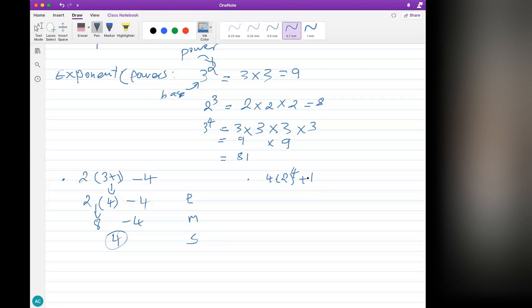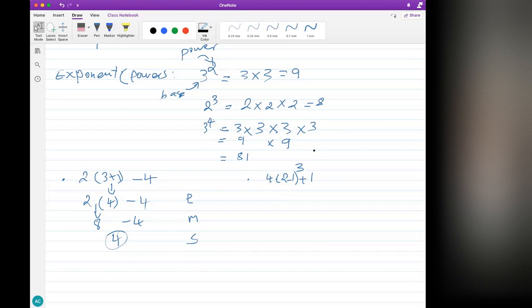So what we do first here? Or actually, let me add in some parentheses to make it more interesting. All right. So 1 here, and maybe 3 plus 1. You have 4 times in parentheses 2 minus 1 to the third power plus 1.